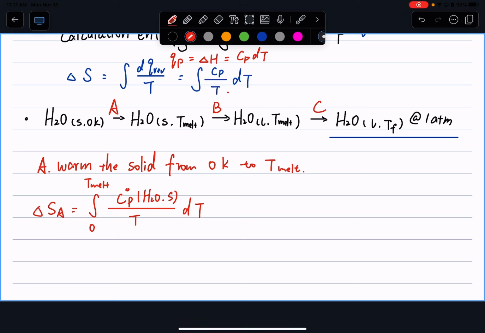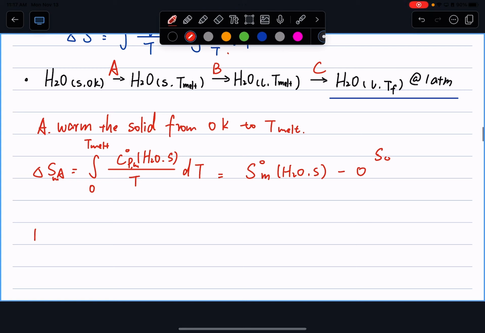If we write it out, effectively we have S naught molar of H2O solid minus 0. That is the S0 we're talking about, our original state.